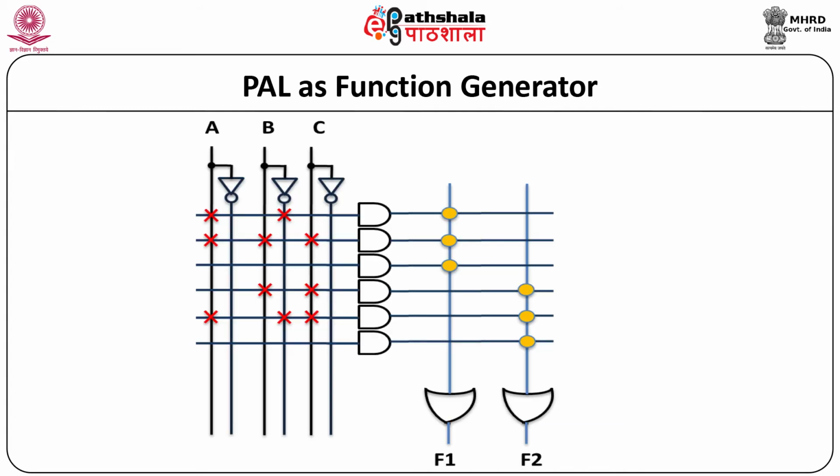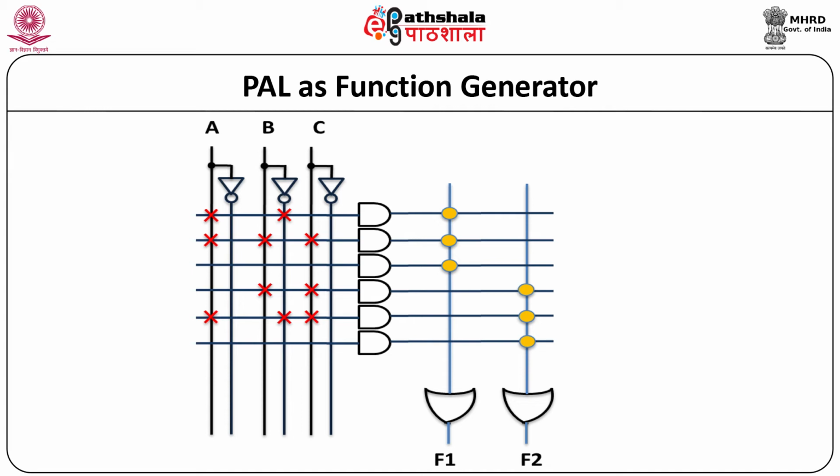Let us determine the size of PAL required for the implementation. There are 3 input variables, 4 product terms and 2 outputs. For PAL, all the complemented and uncomplemented input variables are available for programming the AND gate matrix.